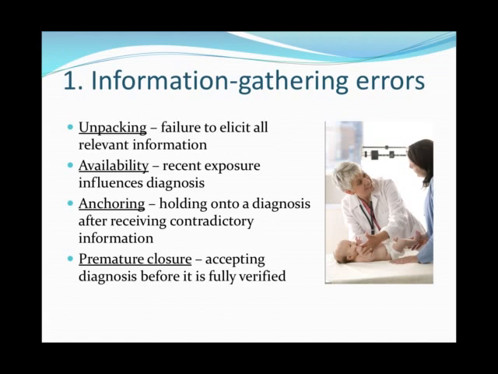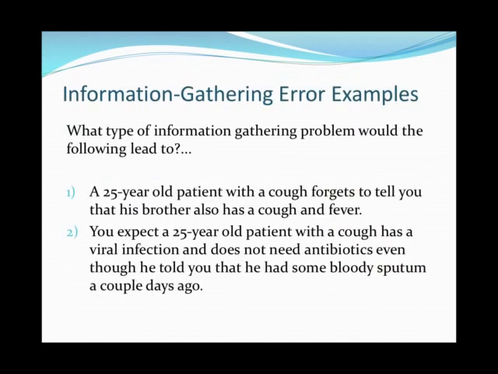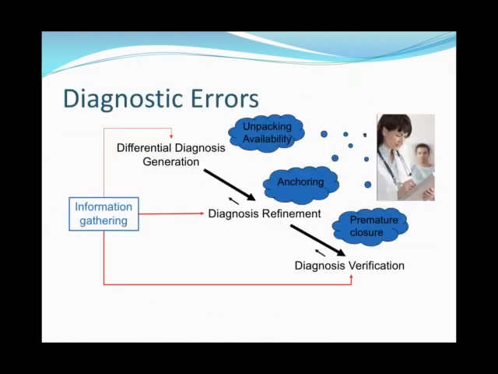That is recent exposure influencing diagnosis, and so that is an availability information gathering error. Okay, hope those make sense. If you have any questions, feel free to email me or send me a message on Microsoft Teams.